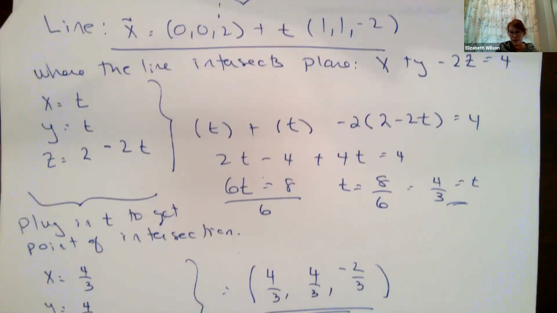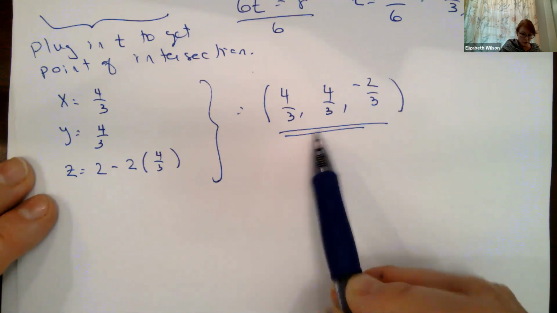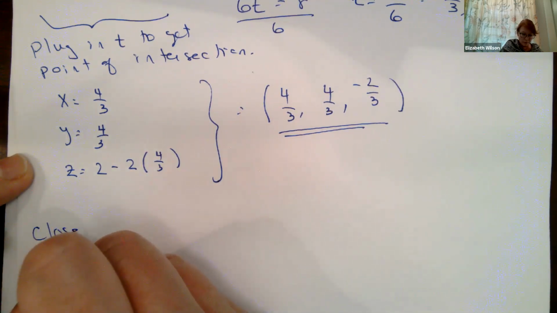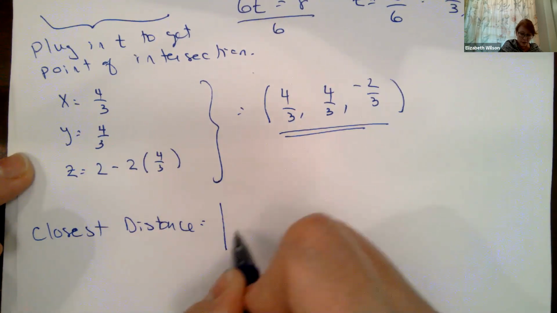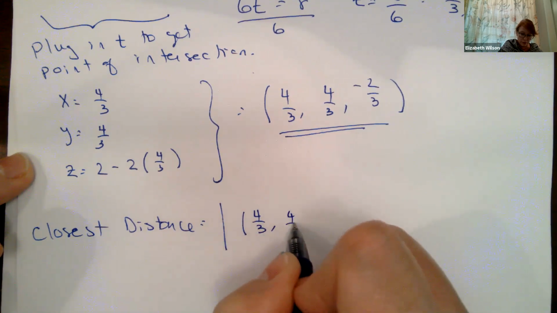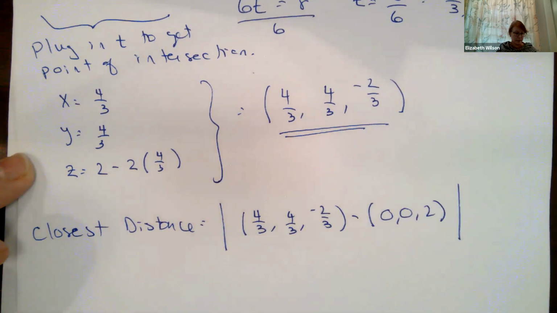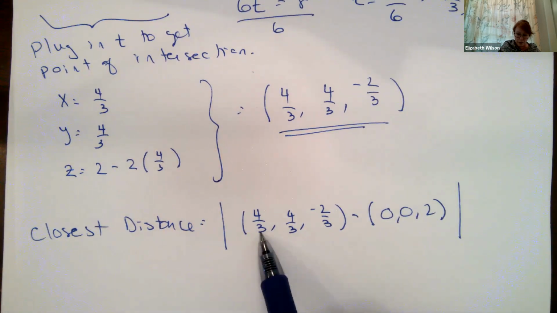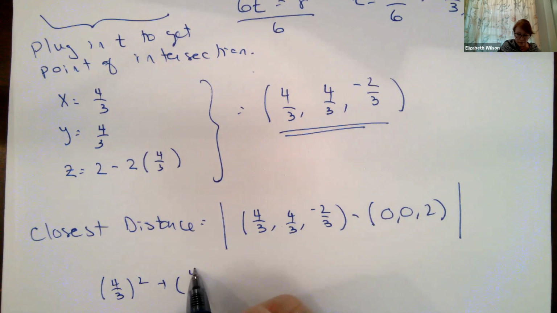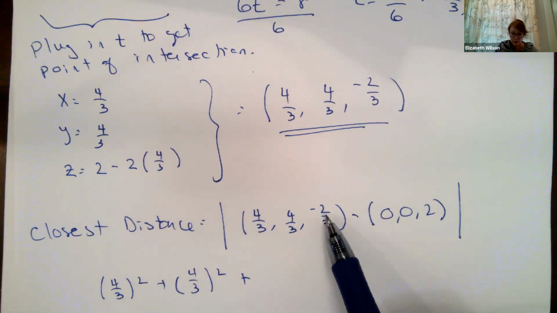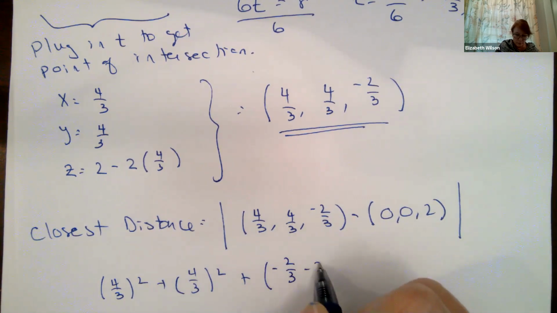Now, to get the closest distance, I find the distance between this point and my 0, 0, 2. So my closest distance is going to equal the magnitude of 4/3, 4/3, minus 2/3 minus 0, 0, 2. So I'm going to go 4/3 minus 0 squared, plus 4/3 minus 0 squared, plus minus 2/3 minus 2 squared.